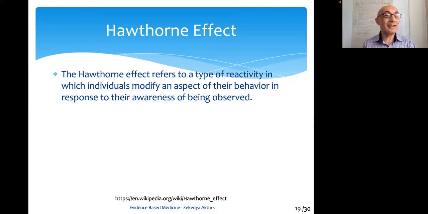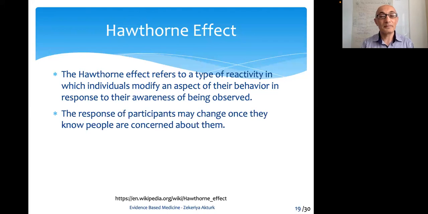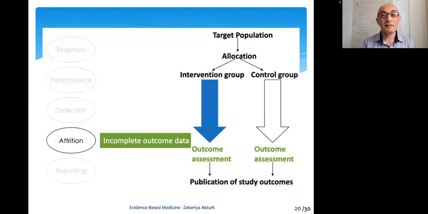If you would not tell them that we are following, that we are measuring, we are observing them, and still observe them, that is ethically not acceptable. But although this Hawthorne effect is well known and it exists, we don't have any other option. We have to live with this bias.